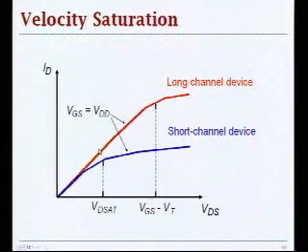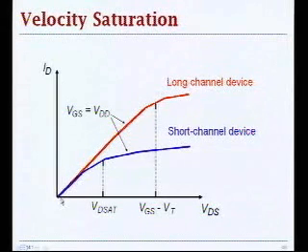So okay, the main difference between a long channel device and a short channel device is this velocity saturation effect, which tells you that this flattened out region of the ID versus VDS curve occurs much sooner in short channel devices than in long channel devices.